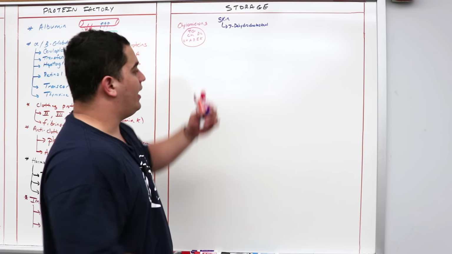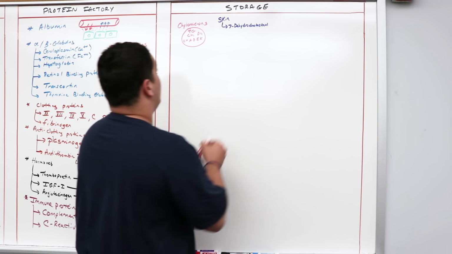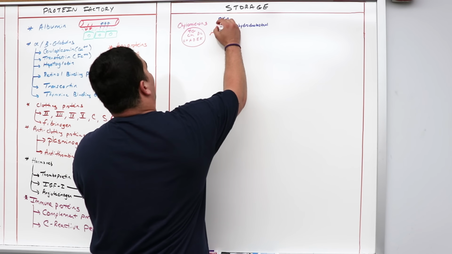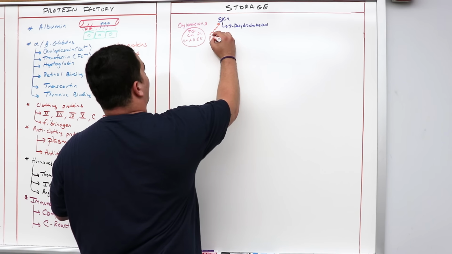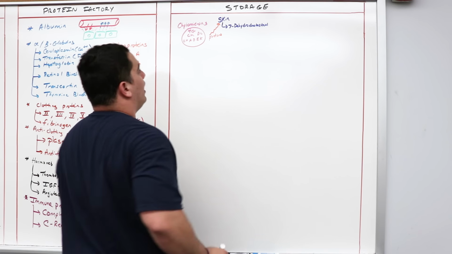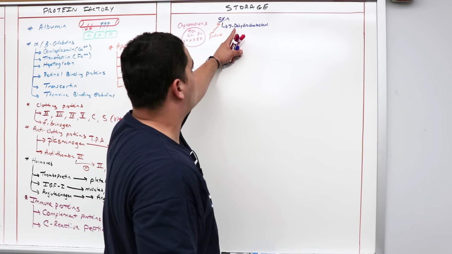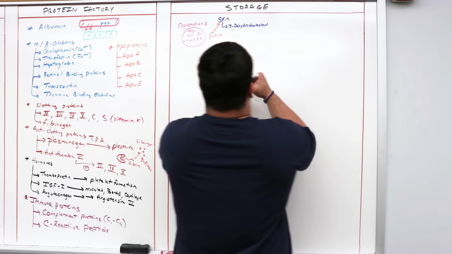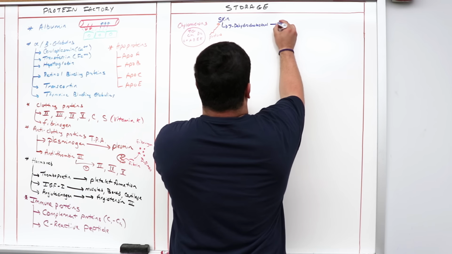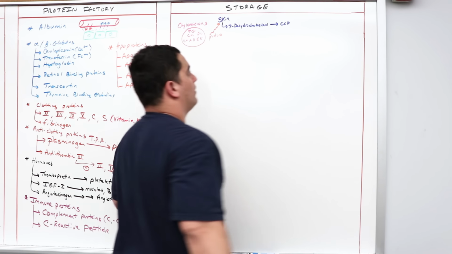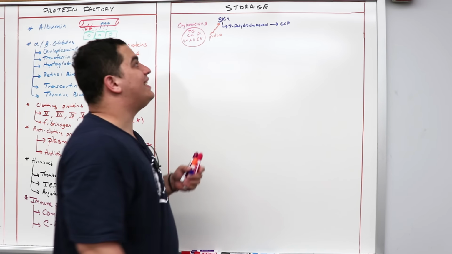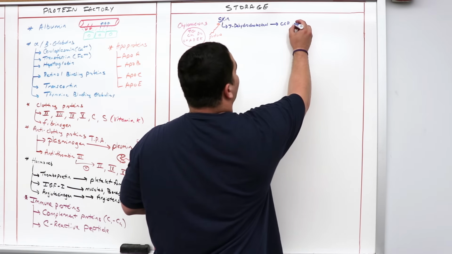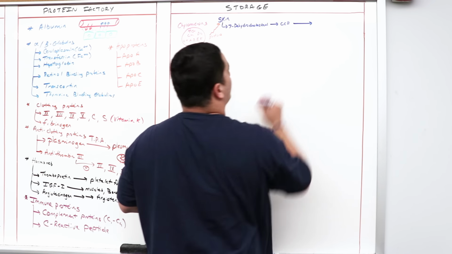So when sunlight, let's say photons, are hitting the skin, it can take the 7-dehydrocholesterol and convert it into another molecule called cholecalciferol. I'm not going to spell it out, that's too crazy. CCF. Now, this cholecalciferol will then go to the liver.